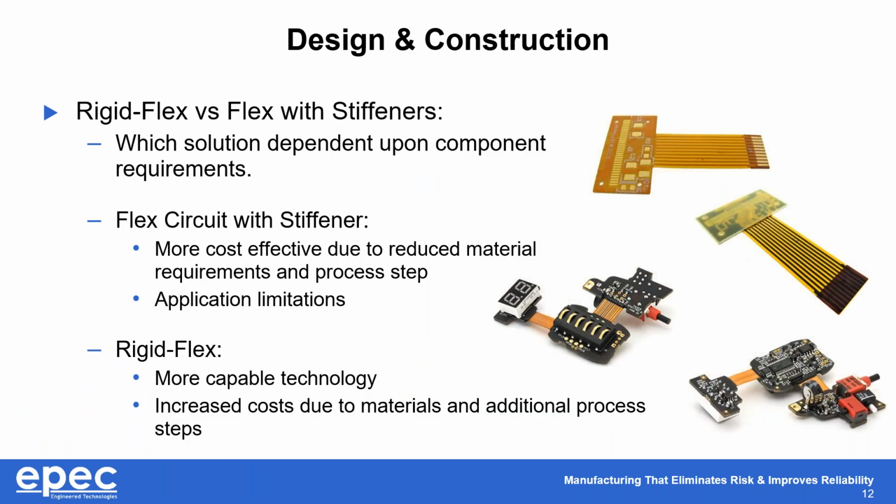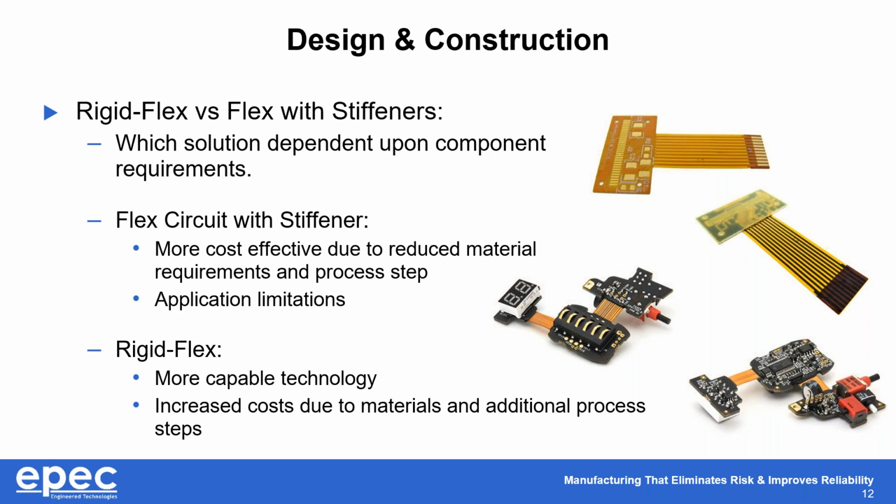Another key element that's encountered on the vast majority of designs is whether or not a rigid flex versus a flex with stiffener design can be applied to the solution. Many of our customers will come to us believing that they need a rigid flex to meet their requirements, but once we've had an opportunity to review, we'll put on the table for discussion whether a flex with stiffener configuration is going to meet their end requirements.